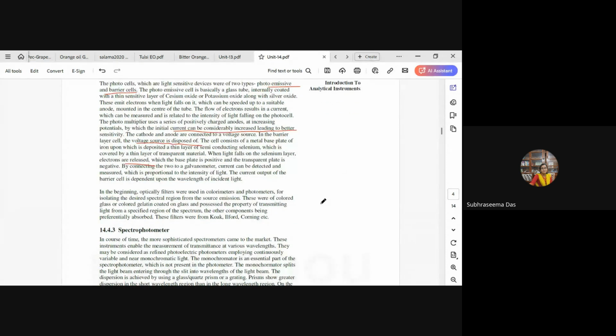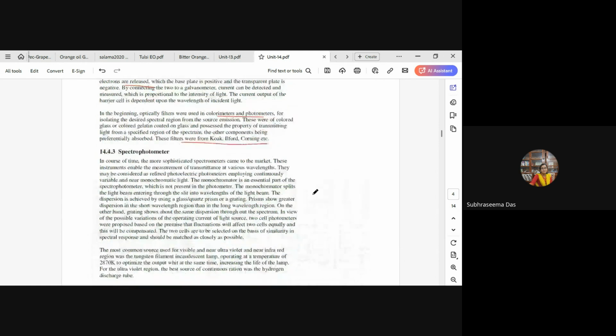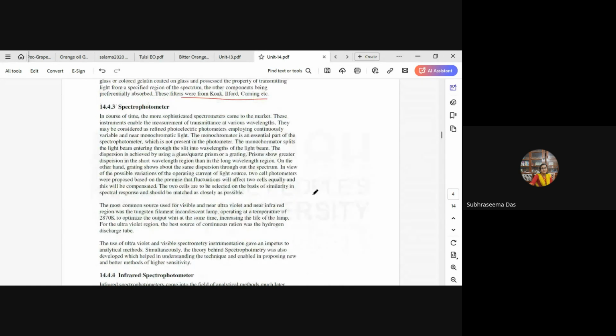In the beginning, optical filters were used in colorimeters and photometers. Then coming to the spectrophotometer, in the course of time more sophisticated instruments came to the market. These are refined photoelectric photometers.